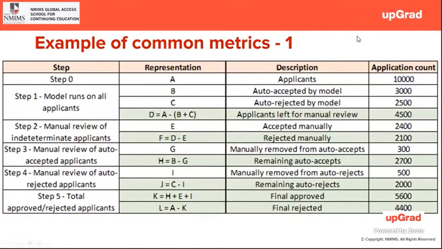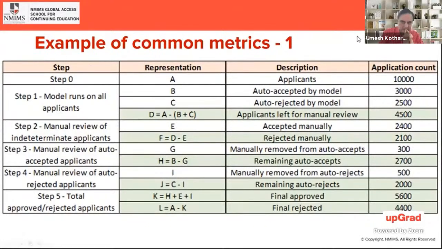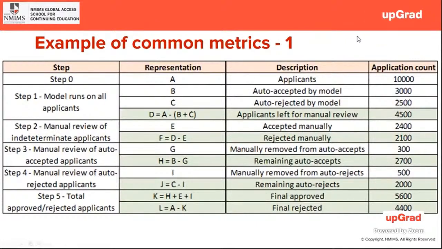So a combination of those two were the override percentage. If we look at the numbers, the first one is 3,000 minus 300, which will be 2,700, the remaining auto accepts. Similarly, remaining auto rejects is 2,000. So the actual override value would be 2,700 plus 2,000, which is 4,700, which is 47%.